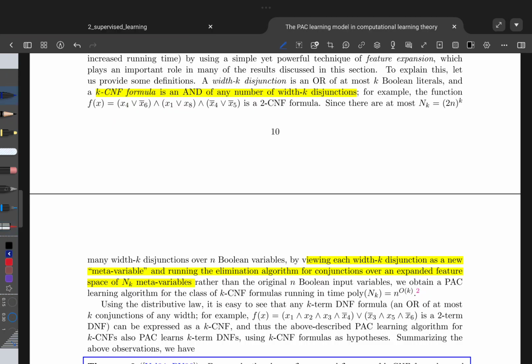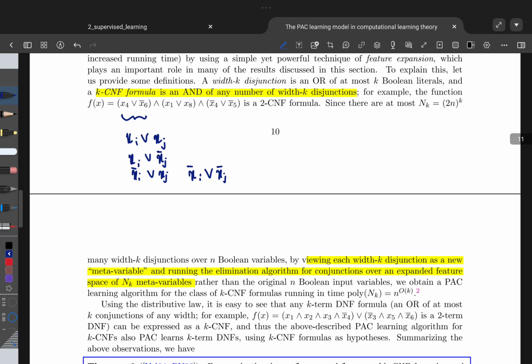Each of these terms is either xi or xj, or xi or xj bar, or xi bar or xj, or xi bar or xj bar.